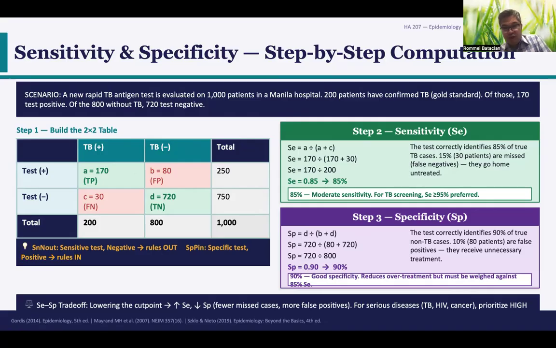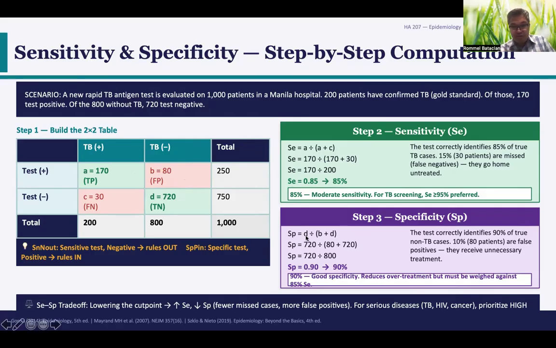Ideally, you want a much higher sensitivity so that it detects a significantly high number of individuals having that disease. Specificity, meanwhile, you have to take into consideration the true negatives, meaning those without the disease, divided by the sum of those negative with the gold standard, including those who eventually had a positive result based on the screening test of interest.